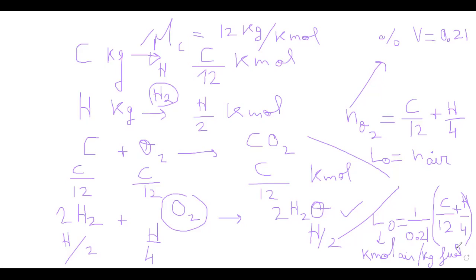Okay, so let's say here we found that L0 is 1 over 0.21 times C over 12 plus H over 4. If I provide a quantity L, so if L is smaller than L0, I will have an incomplete combustion. And we define here what we call the coefficient of excess of air, alpha.